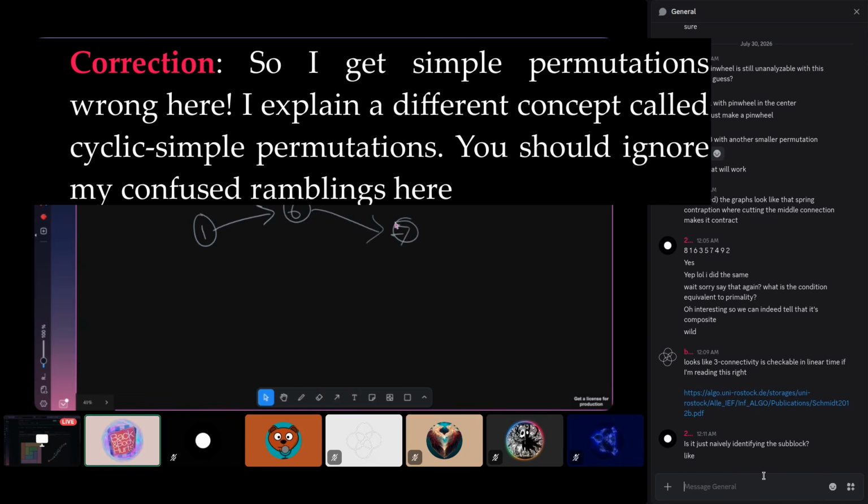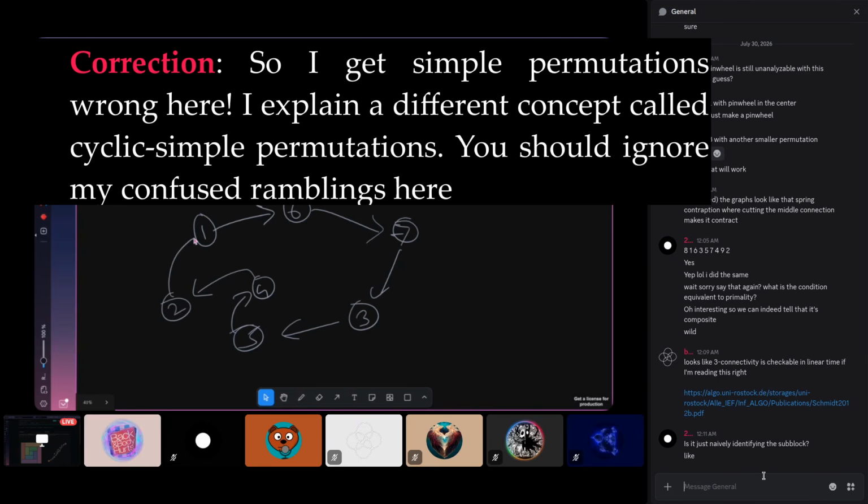Where does 7 move to? 7 moves to 3. Where does 3 move to? 5. Where does 5 move to? 4. Where does 4 move to? 2. Where does 2 move to?